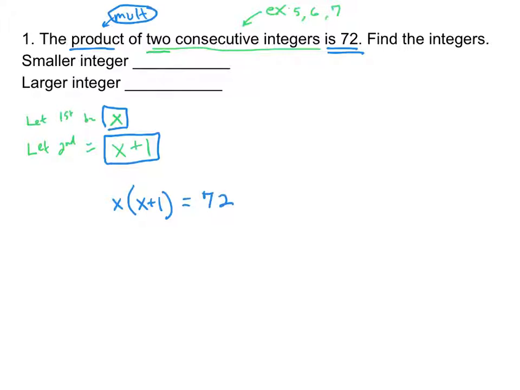And then what you'll want to do after that is distribute x times x, x times 1. And then set equal to 0, and then we'll either factor or we'll use the quadratic formula.